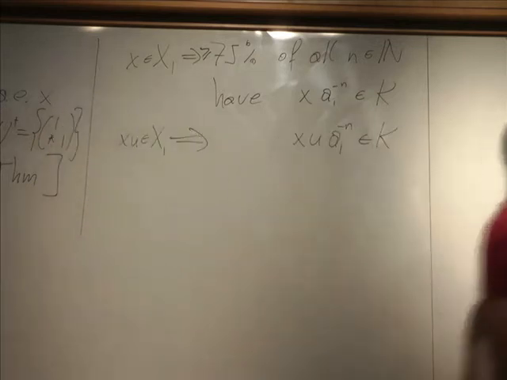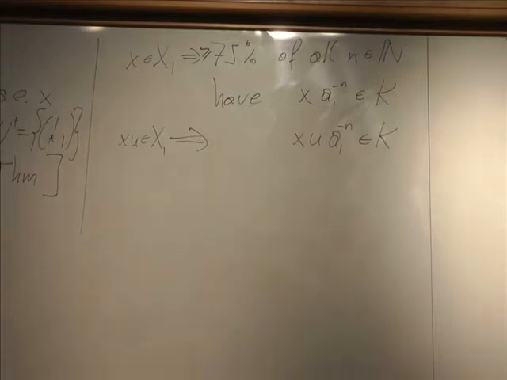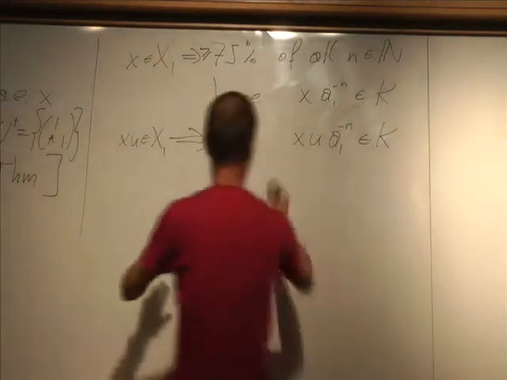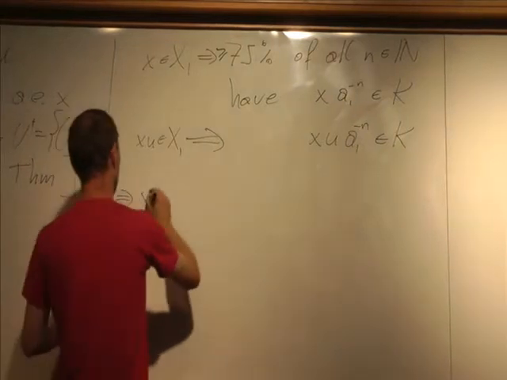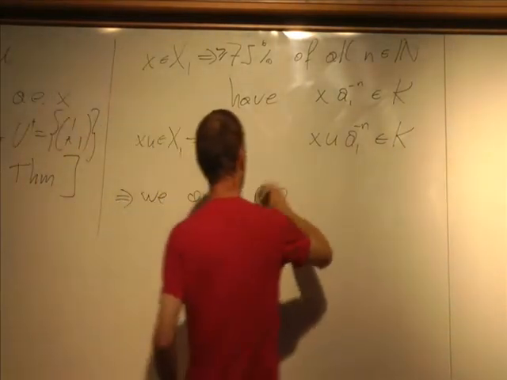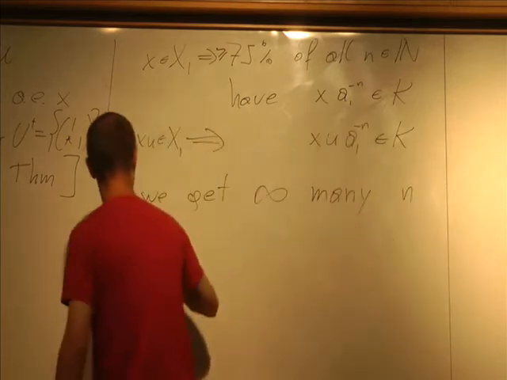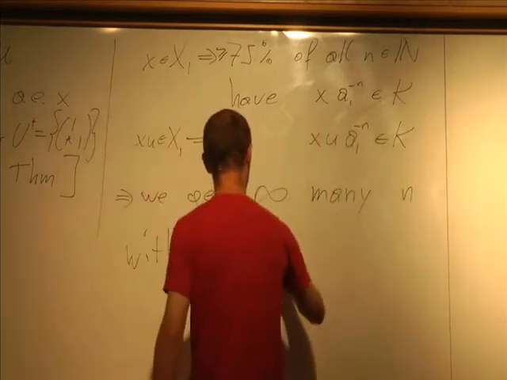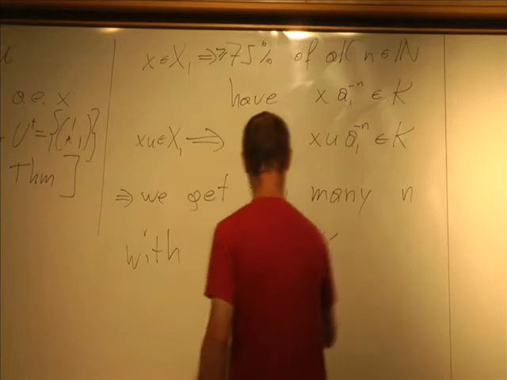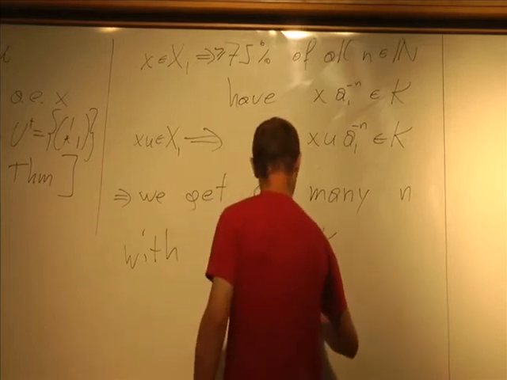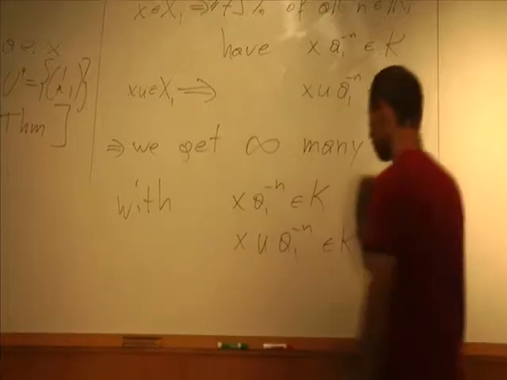So what was important about 3/4 is that it's bigger than 1/2. We get infinitely many n, and that's the only thing we need, with x a 1 to the minus n in K, and xu a 1 to the minus n simultaneously.